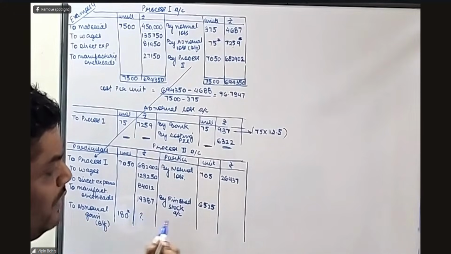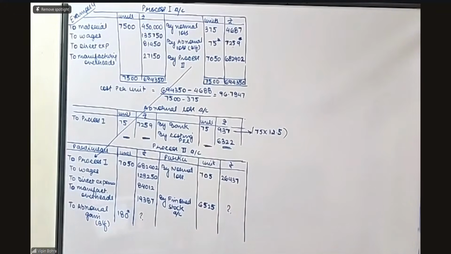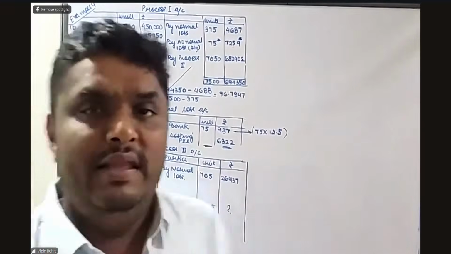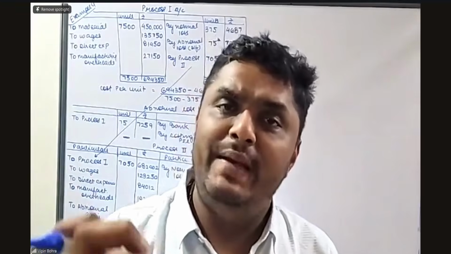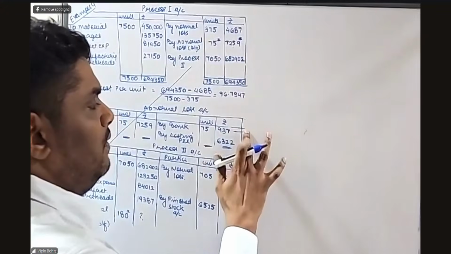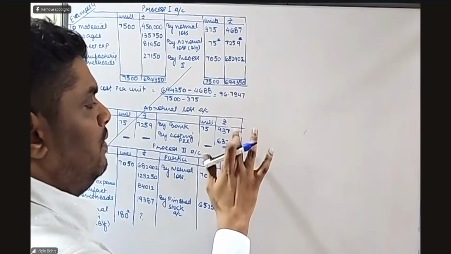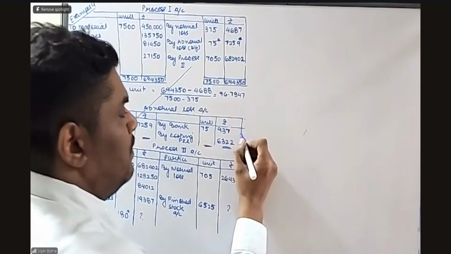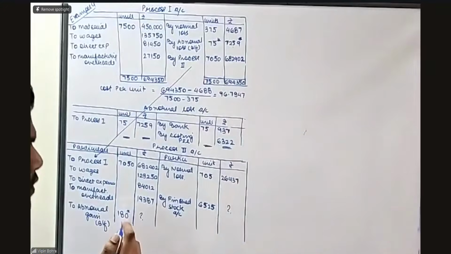Now we need to calculate the value of these two. Again, there will be no change in concept, be it abnormal loss or abnormal gain. So let's calculate the value.